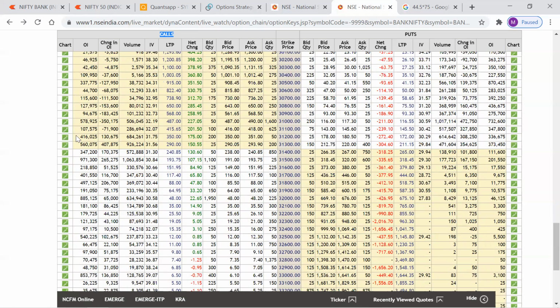If the value is 3,37,775, that means 3,37,775 orders are getting ready to get executed when the market reaches 30,500. So that's all about OI and change in OI.